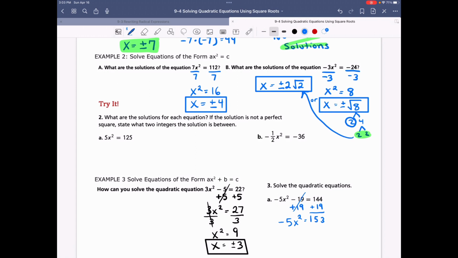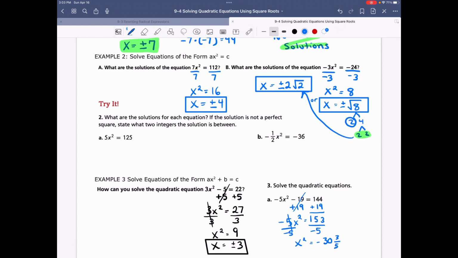This is not going to go in nicely. I'm going to divide both sides by negative 5. This cancels. X squared equals negative 30 and 3/5.